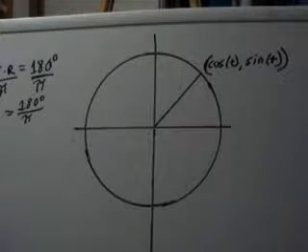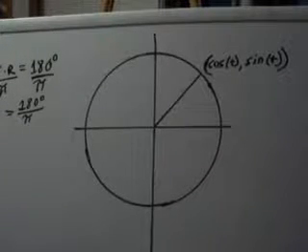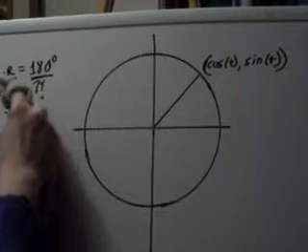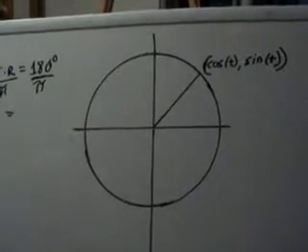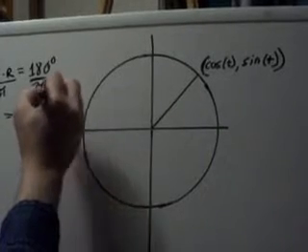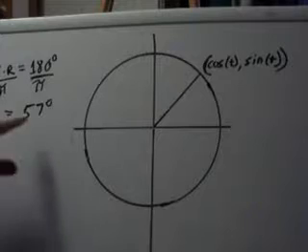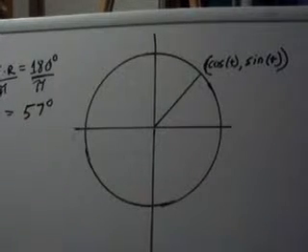I think you can get this. Alright? Now, the approximate number of this, and I mean approximate, is 57 degrees. 1 radian equals 57 degrees approximately.